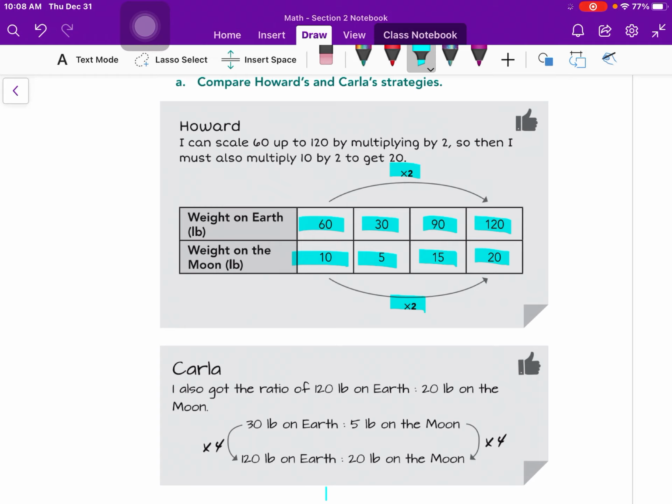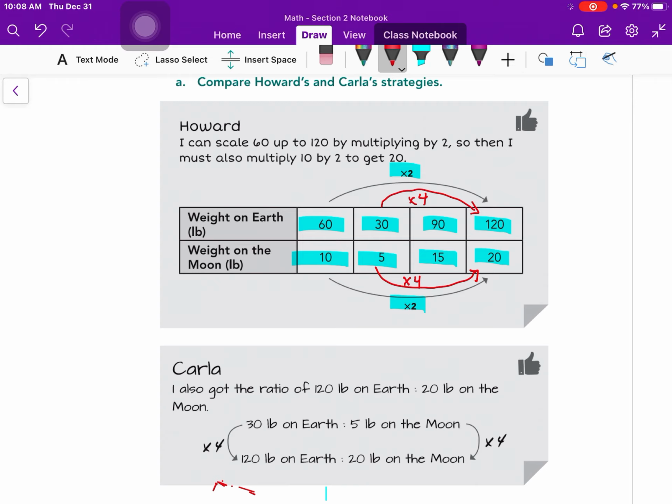But what she did was something a little different. She started here with the 30. She said to go from 30 to 120, I could multiply by 4. And then I could do the same thing with the moon weight, multiply it by 4, and 30 times 4 is 120, and 5 times 4 is 20, and that's how she got her ratio.